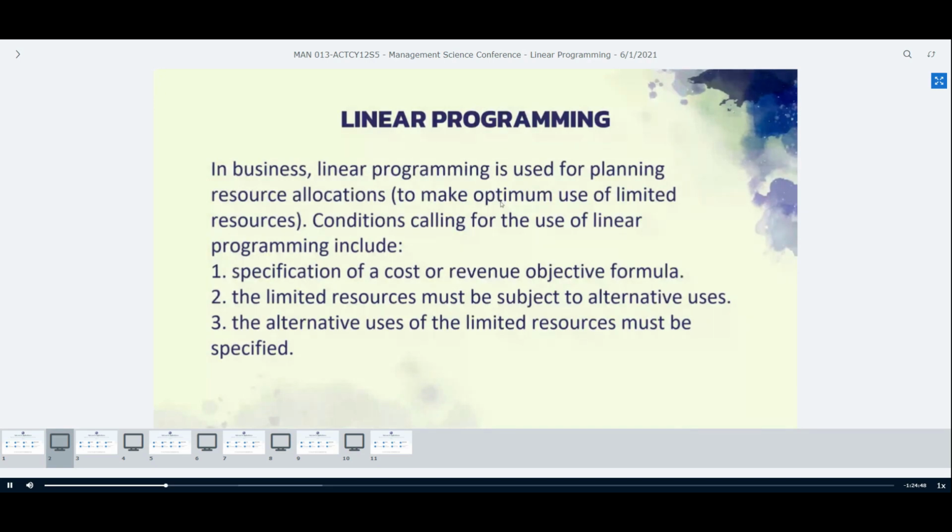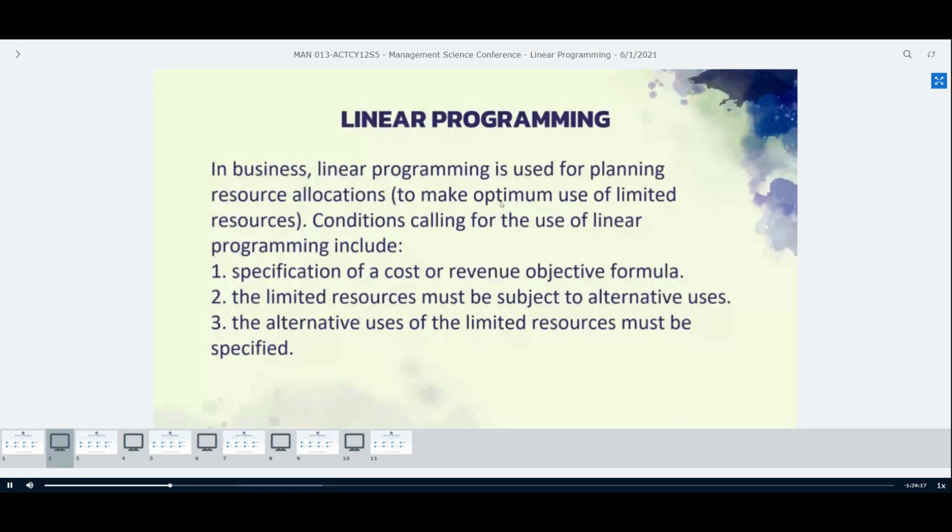The alternative uses of the limited resources must be specified. So while this is purely a mathematical method, linear programming can also be used in business. In fact, quantitative methods in general are methodologies that we use in business. In this case, linear programming is mostly in business operations.